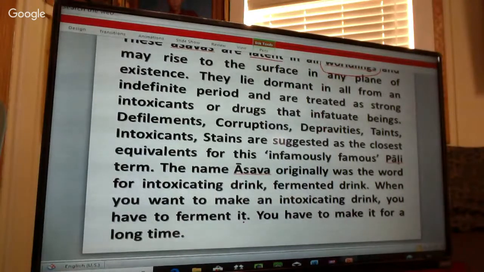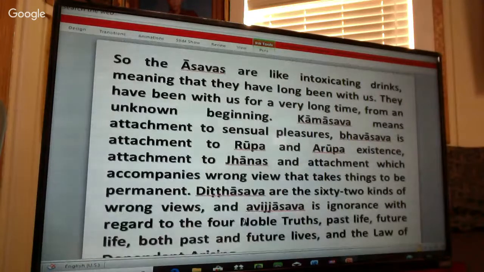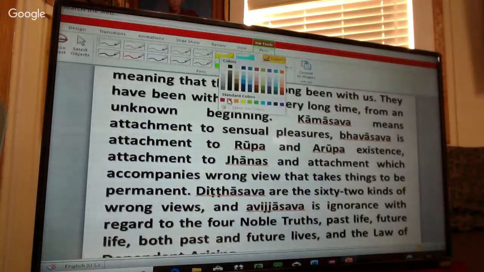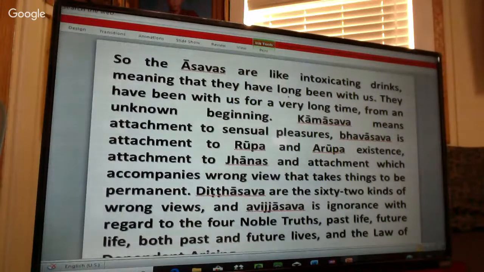So the asava are like the intoxicating drink, meaning they have been with us for a long time.